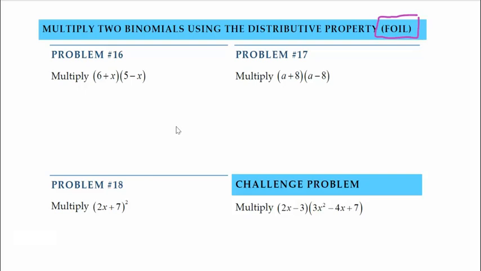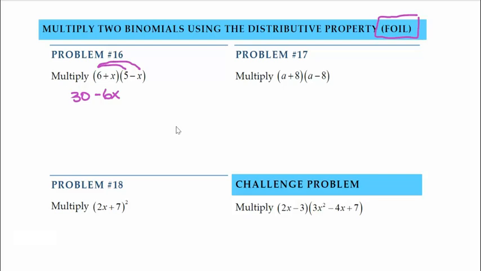But really, we're taking that first term, right, and we're distributing it to both of the terms in the other one. So let's try this. So if I do 6 times 5, that gives me 30. And then 6 times negative x gives me negative 6x. And now I need to distribute. So I did the first in both of them.